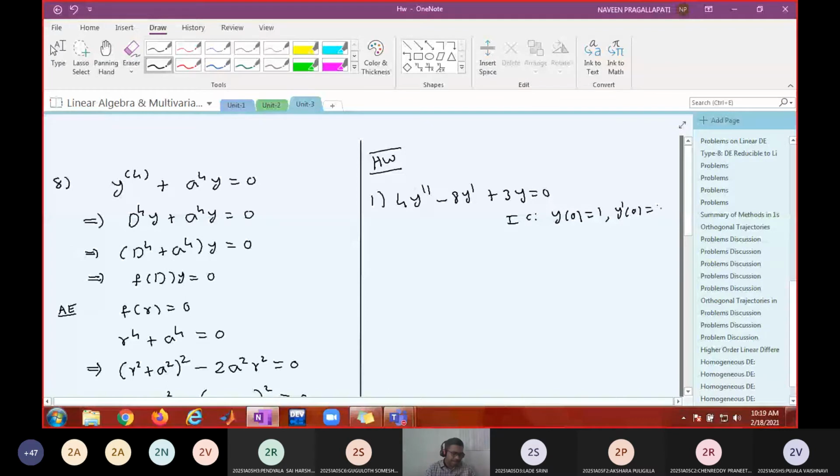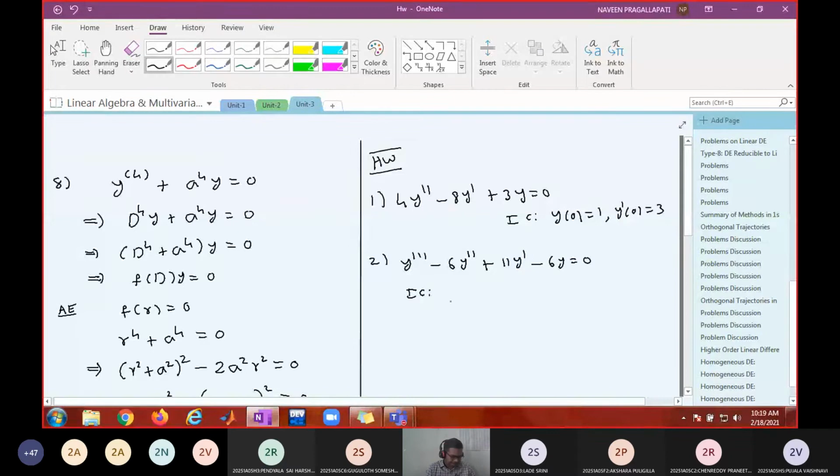Second problem. y triple dash minus 6y double dash plus 11y dash minus 6y equal to 0.